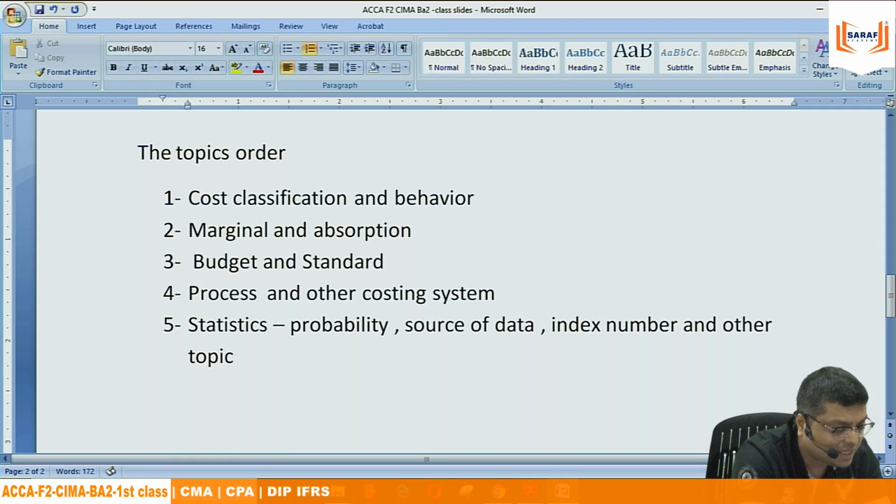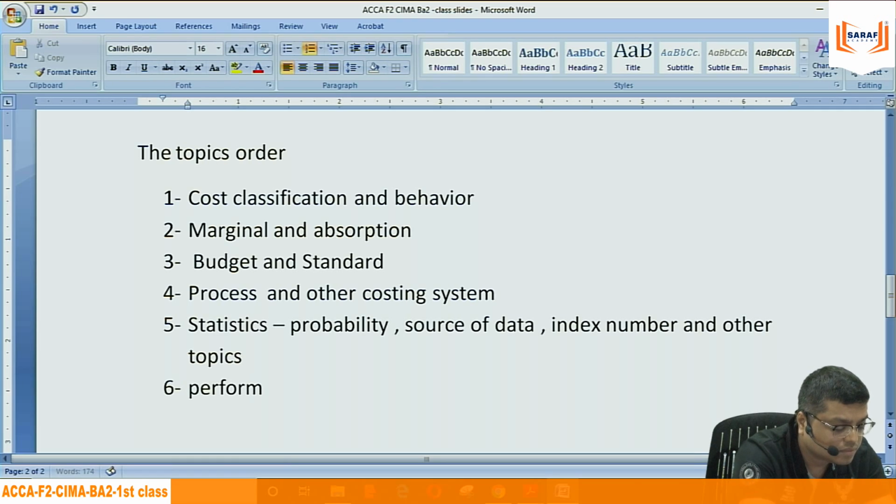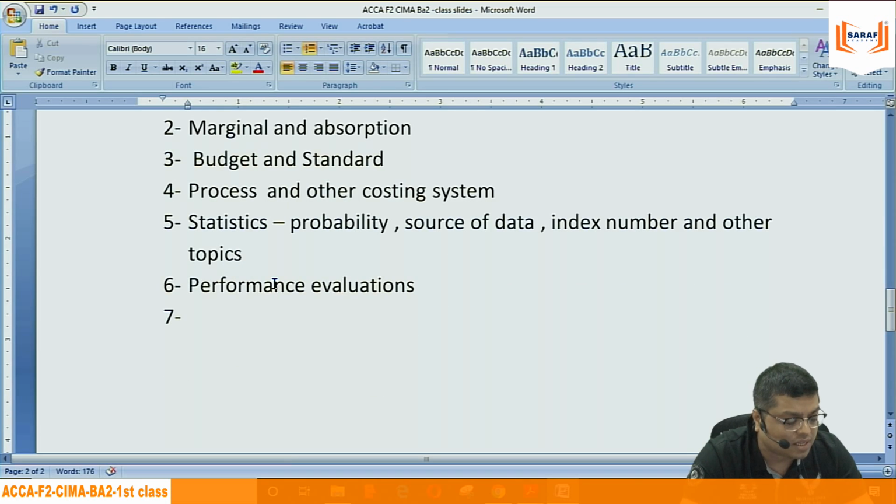Whatever is related to statistics we will be doing at one time. Then we will be doing performance evaluation. Whatever the performance evaluation topics are, we will be doing that.